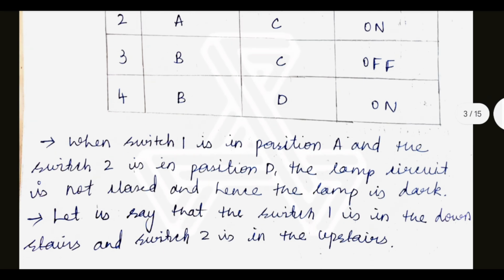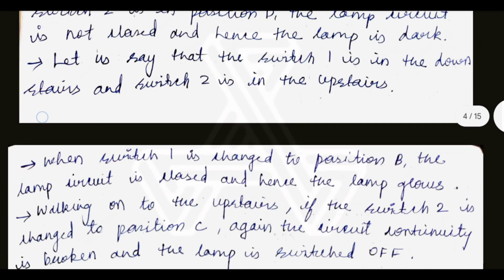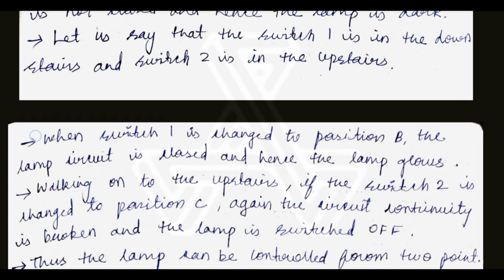When switch 1 is in position A and switch 2 is in position D, the lamp circuit is not closed. Hence the lamp is dark. Let us say that switch 1 is downstairs and switch 2 is upstairs. When switch 1 is changed to position B, the lamp circuit is closed and hence the lamp glows.